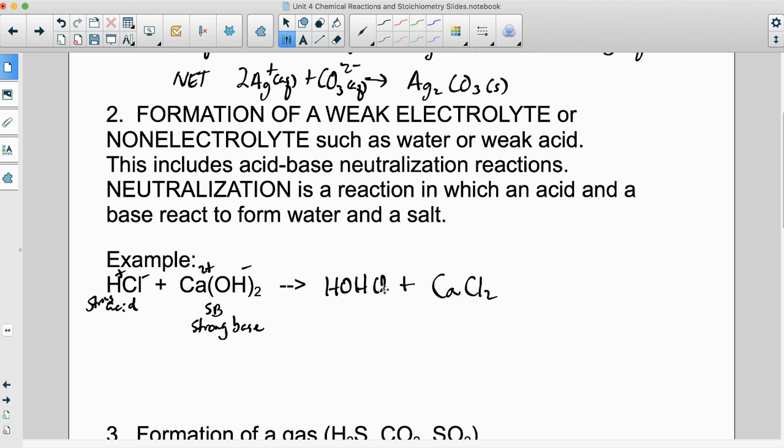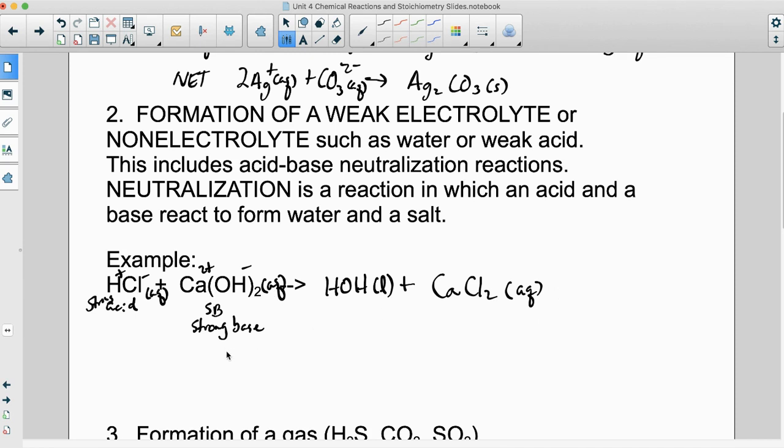So this is liquid, and this is going to be aqueous, but again, you'd have to be told that these are strong acids and strong bases, so they're considered completely soluble, completely dissociated. They're aqueous.